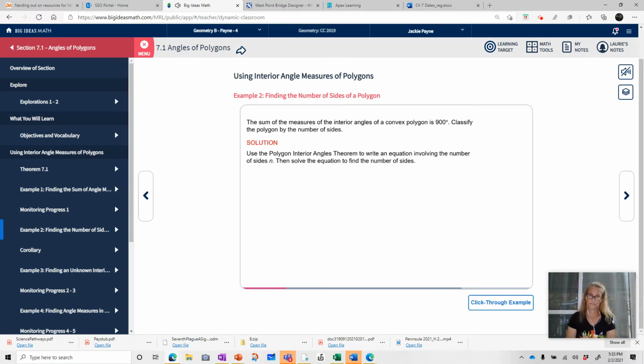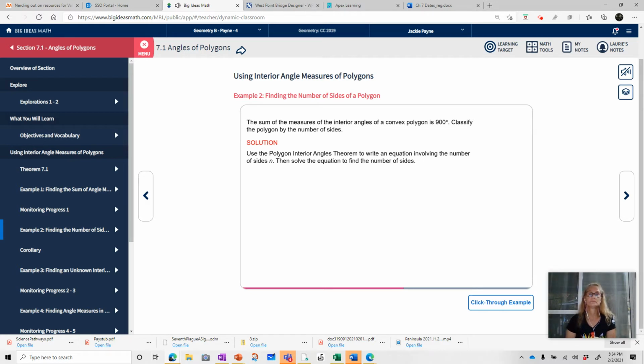Solution. Use the Polygon Interior Angles Theorem to write an equation involving the number of sides n. Then solve the equation to find the number of sides. By the Polygon Interior Angles Theorem, the sum of the measures of the interior angles of a convex n-gon is the quantity n minus 2 times 180 degrees. You know that the sum of the measures of the interior angles of a convex polygon is 900 degrees.